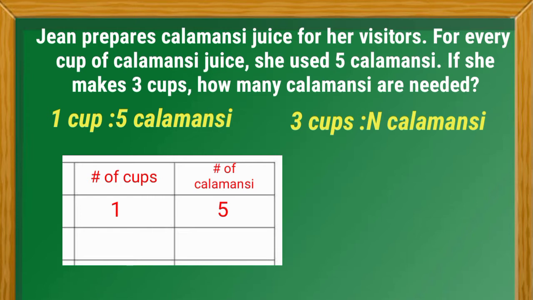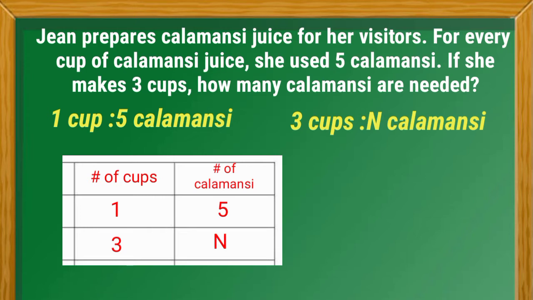In the second row will be our next ratio, which is 3 cups and the number of calamansi needed. But here, the number of calamansi is unknown. This is what we are going to find. So, we put 3 under the number of cups and we put n below number of calamansi needed.